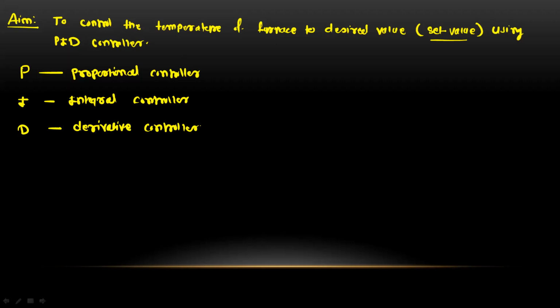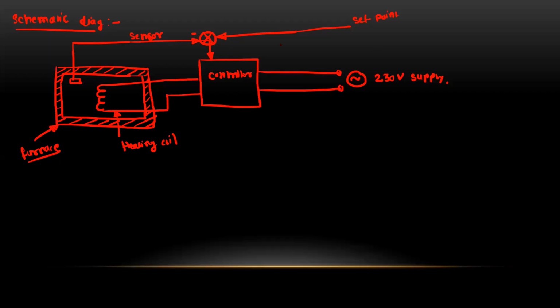Okay, so first we will see the schematic diagram for the furnace. So this is the schematic diagram for the heating process. It consists of one heating coil.